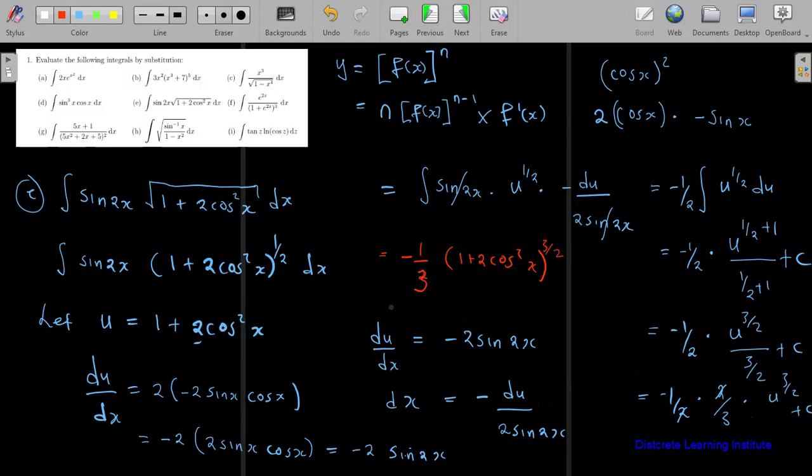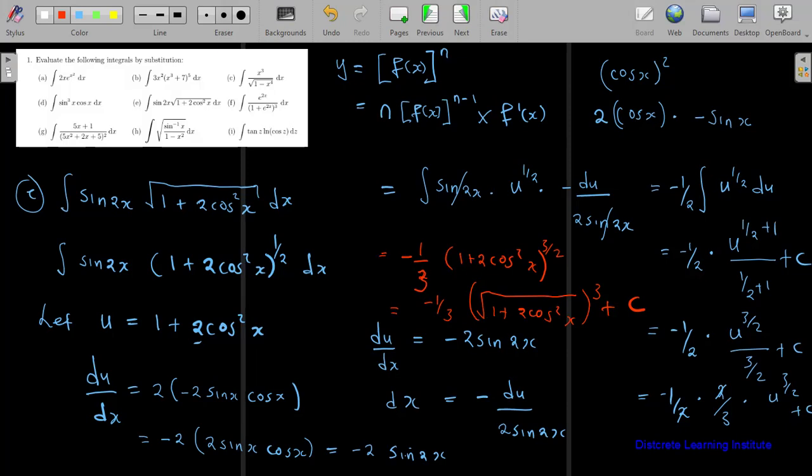If you want to simplify it further, I can say this is negative 1 over 3, and then you have the square root, which is the 1 over 2 there, of 1 plus 2 cos squared x. But remember, it's 3 over 2 now, so this whole thing should be to the power 3, then plus c. That's your final solution for this particular question.